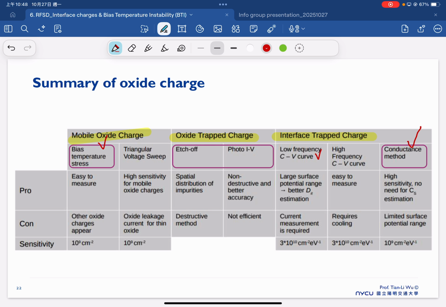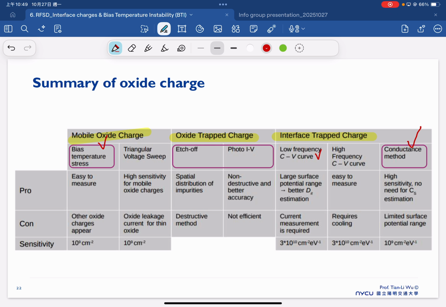But in any case, the understanding of reliability has evolved along with technology. Once the technology became more and more complicated, we found it very difficult to attribute the contribution only to the mobile charge, only to the oxide charge, or only to the interfacial charge.